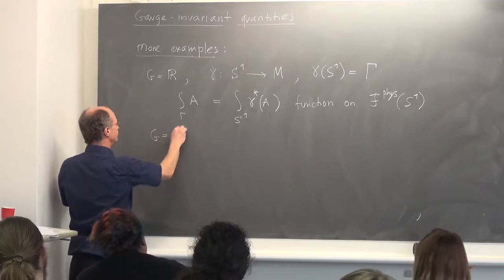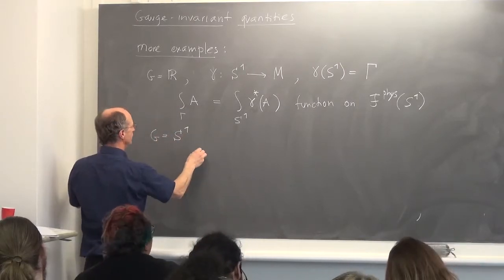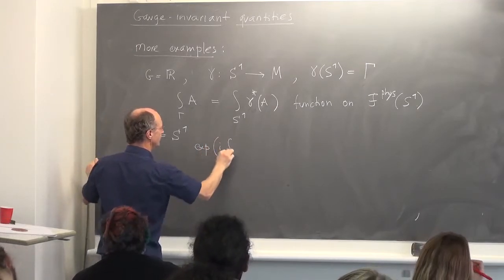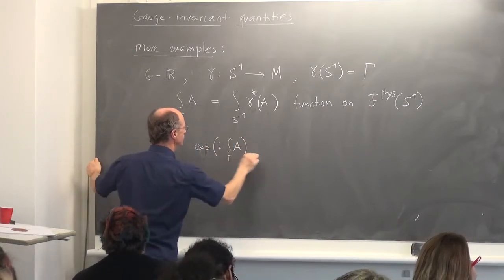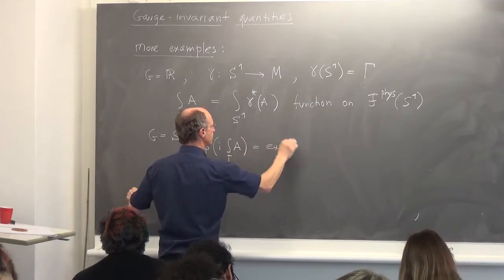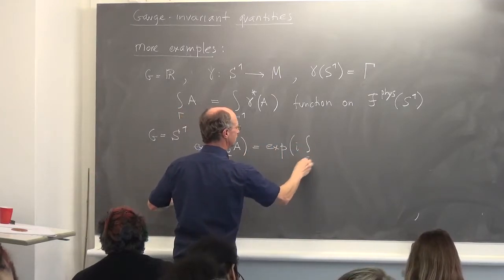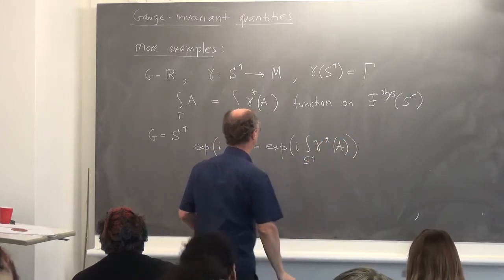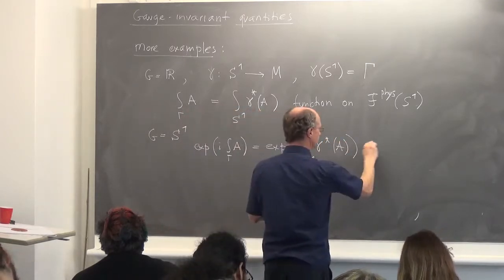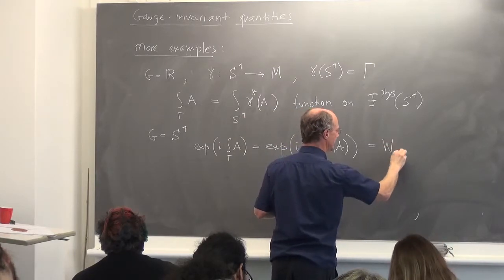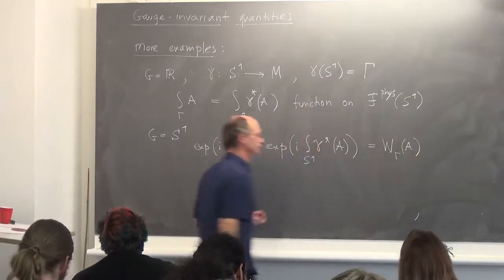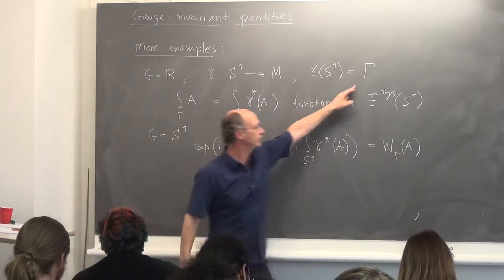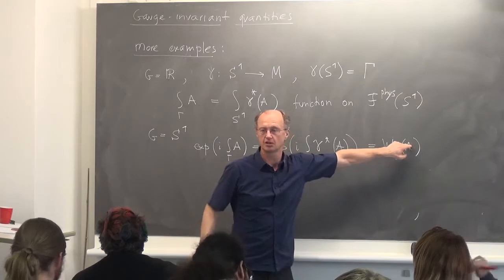Similar story for G equal to S1. There we know that we should take the exponential of i integral over S1 of gamma star of A. And here, there is some other standard notation, W gamma of A. So this is a non-local gauge invariant quantity which depends on the curve and on the gauge field.